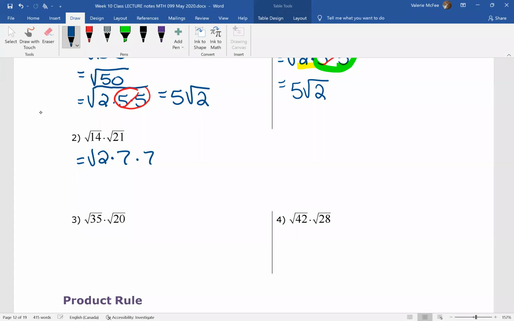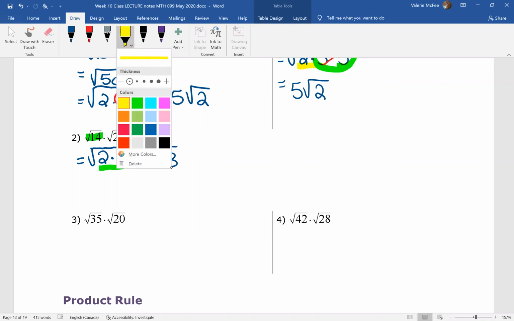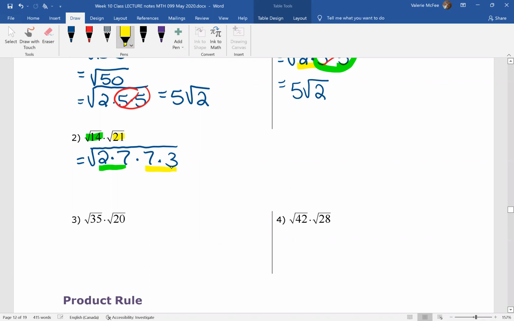I'm just going to put my 7s together here. So now you see I have 14 here. I have 21 here. I didn't have to multiply 14 by 21. And I see my index is 2. I have 2 factors that are the same. I can take them out. This gives me 7 times the square root of 6.